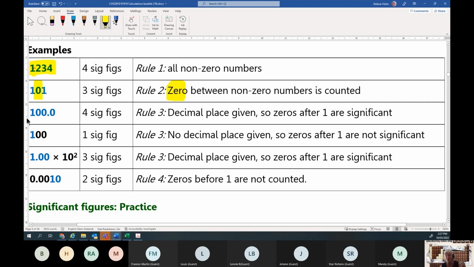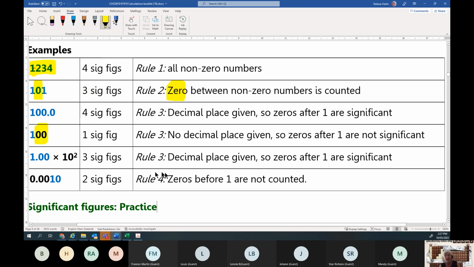It is part of the accurate measurement. If it comes after a number and no decimal point is present, then they are not significant and we can ignore it. So let me just put in this color: these are not significant. Okay.